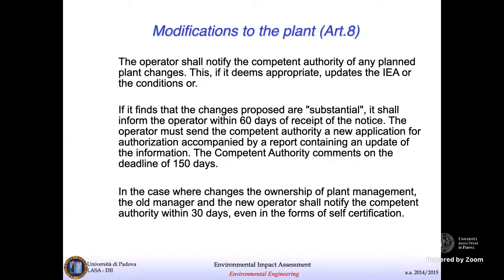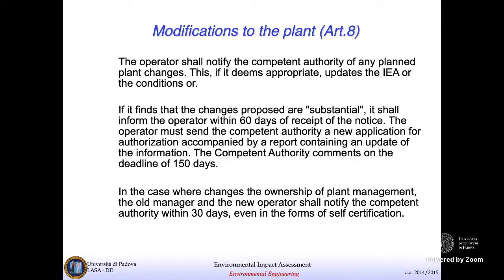Or if it finds that the proposed changes are substantial, it shall inform the operator within 60 days that the operator is expected to send the competent authority a new application for a new authorization, accompanied by a report containing an update of information. The competent authority again has a deadline of 150 days, 5 months.